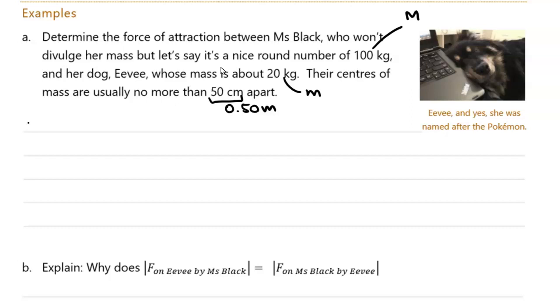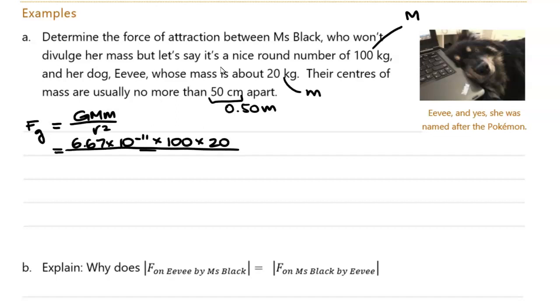So let's actually go about calculating that force due to gravity using that formula that we just derived before. So remember, G was 6.67 times 10 to the negative 11. The big mass here is 100, the little mass here is 20. Now, their centers of mass are usually no more than 0.50 apart.